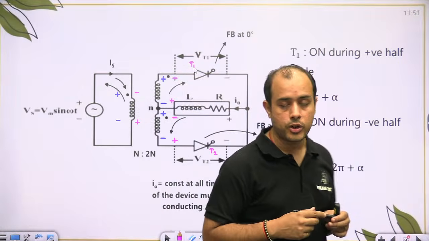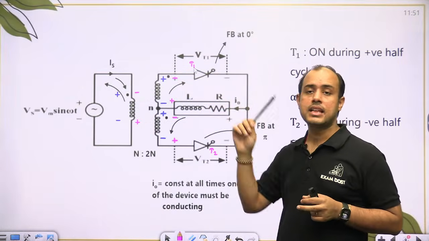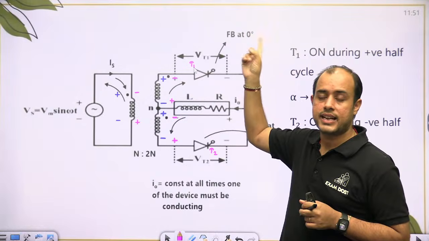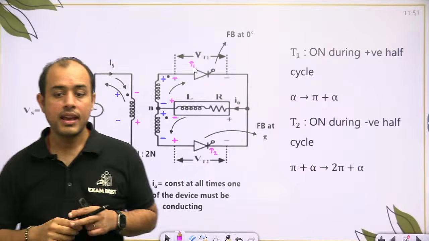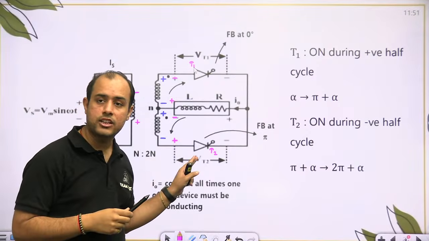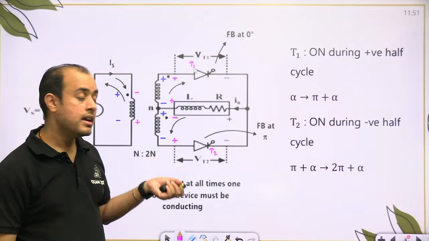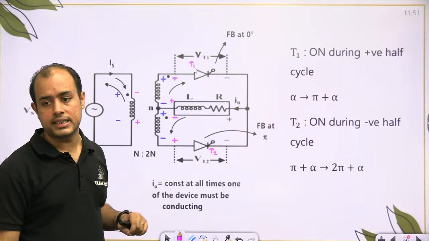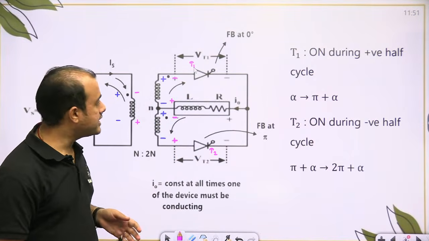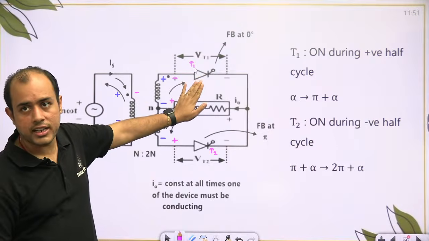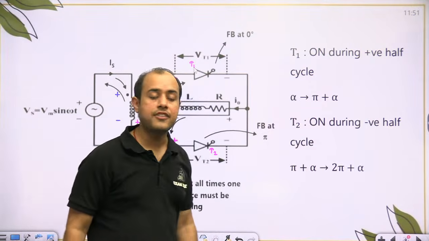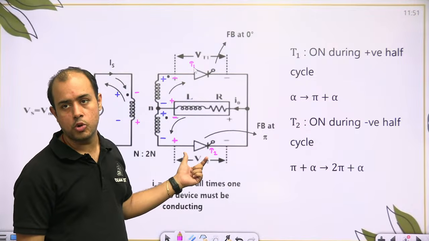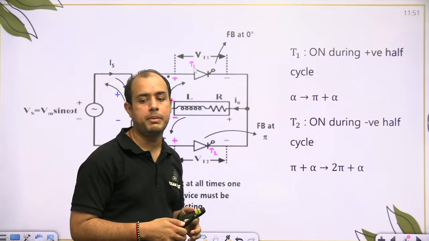Now listen carefully, beta. This thyristor is getting forward biased at 0 degree, but it starts to conduct at alpha. And the next SCR gets forward biased at pi, but it will start to conduct at pi plus alpha, which means from alpha to pi plus alpha, T1 will be on, and from pi plus alpha to 2 pi plus alpha, T2 will be on.